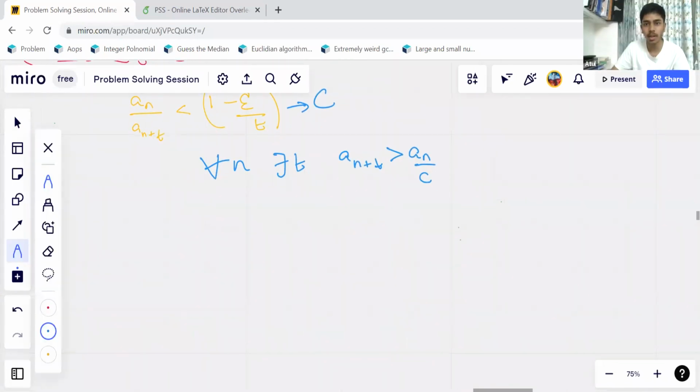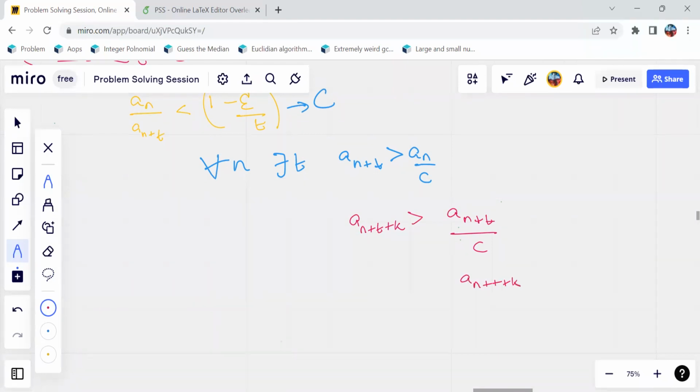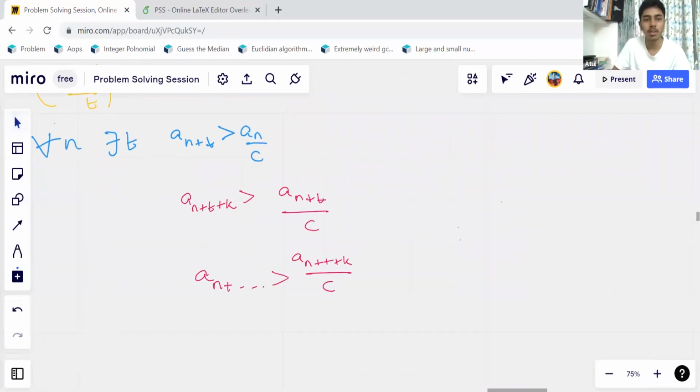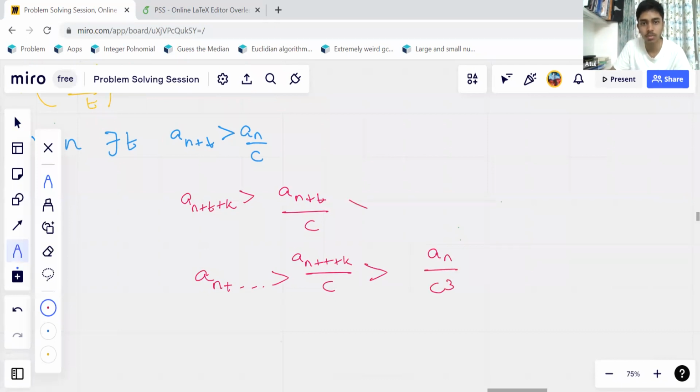So you have this, and now replace n with n plus t, and you have that a_{n+t+k} is greater than a_{n+t} over c. Then you replace n with n plus t plus k, and so on. This is just saying that this is greater than a_n over c cubed, than a_n over c squared.